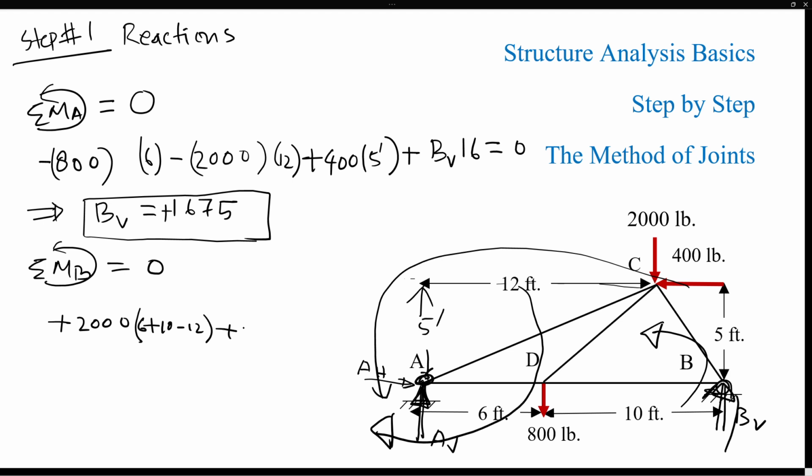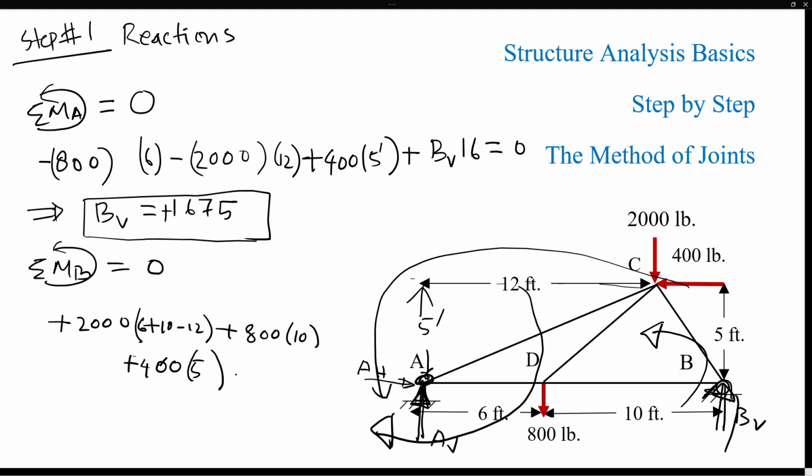Then plus the 800 pound will also do a counterclockwise moment, that is 10 feet away from B, minus that, we also have this plus 400 pound that will also do a counterclockwise moment with respect to B, and the line of action of that force is 5 feet from B.